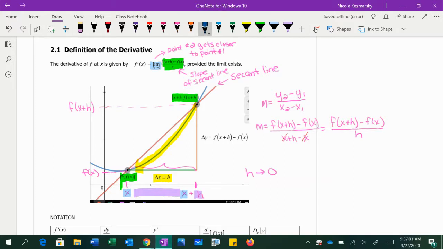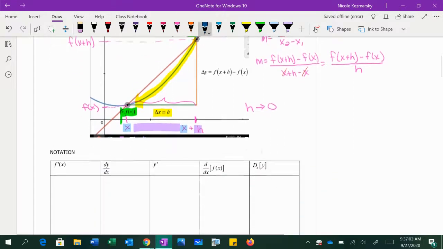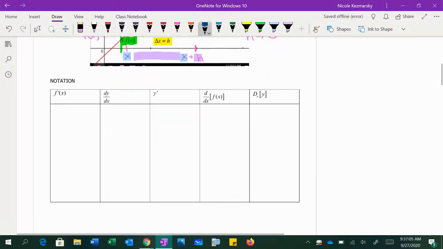Let's talk a little bit about some of the notation that you're going to see. The notation on the left here, f prime of x, is the one that you're used to seeing from the last unit. All of these are the first derivative at x.